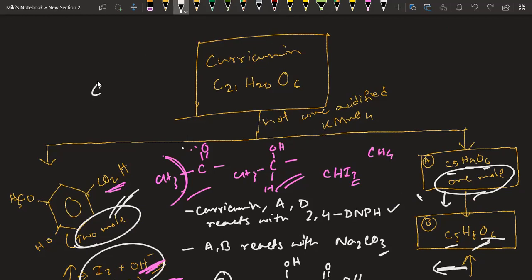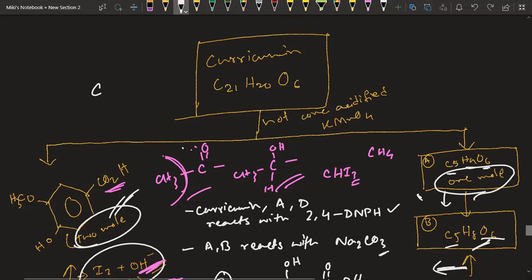Now, if an alcohol or aldehyde is there, adding KMnO4 does not break any molecule, rather it oxidizes the molecule. But when KMnO4 is added to curcumin, it breaks as well as oxidizes the molecule. That means curcumin does have double bonds. Remember, alkenes undergo this sort of reaction.